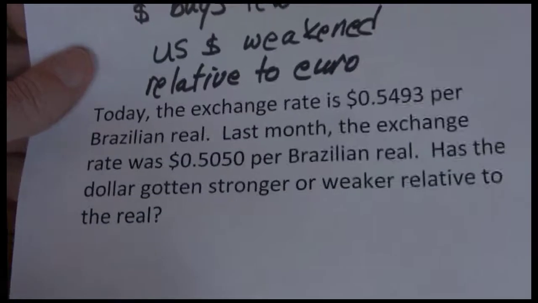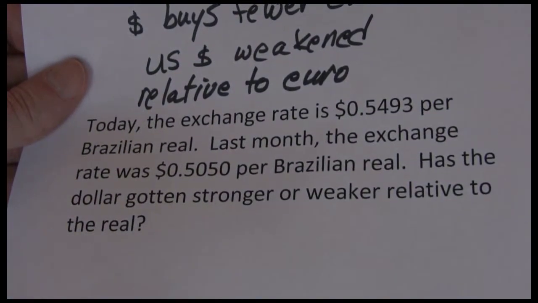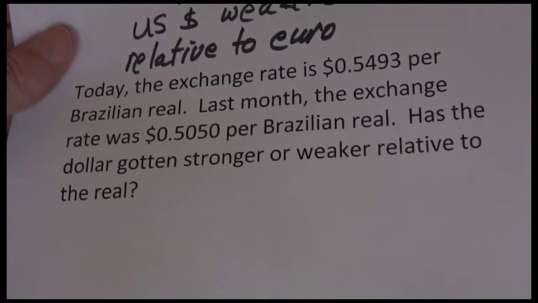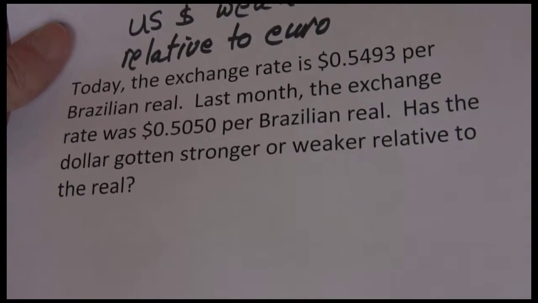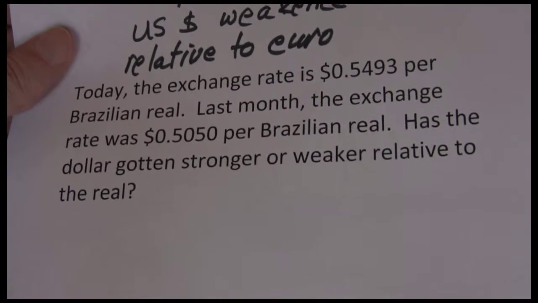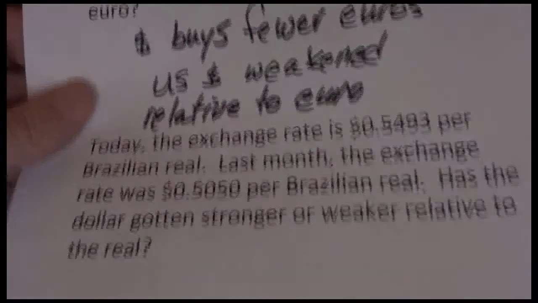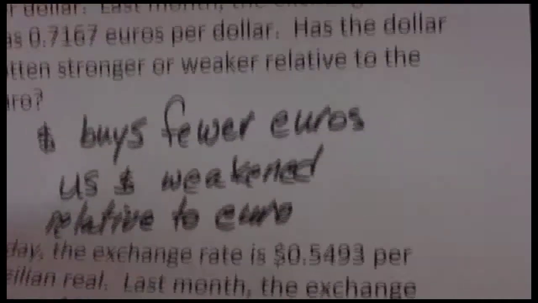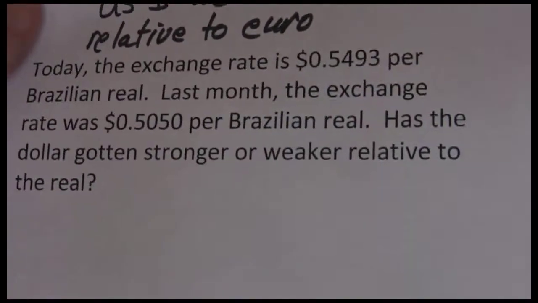Now we're going to look at the real. Today the exchange rate is $0.5493 per real. Last month the exchange rate was $0.5050 per real. Has the dollar gotten stronger or weaker relative to the real? Now here we have to be careful, because before we were dealing with foreign currency per US dollar. Now we're dealing with US dollar per foreign currency.